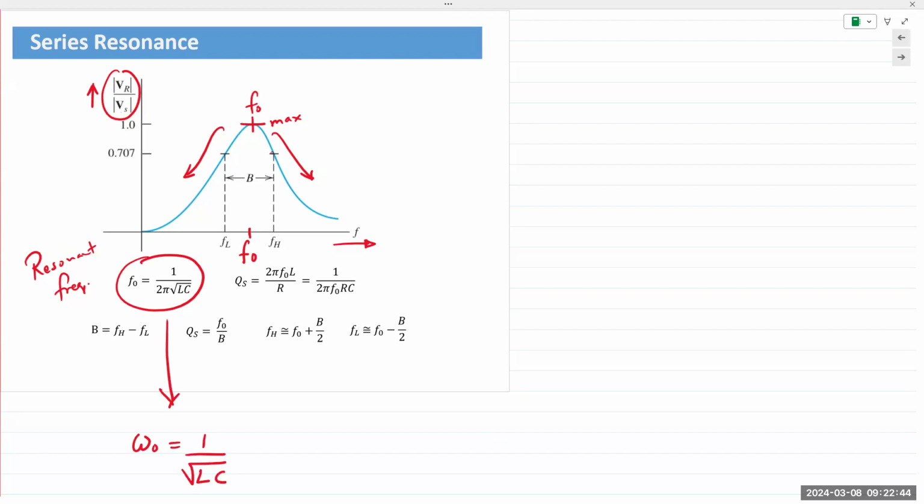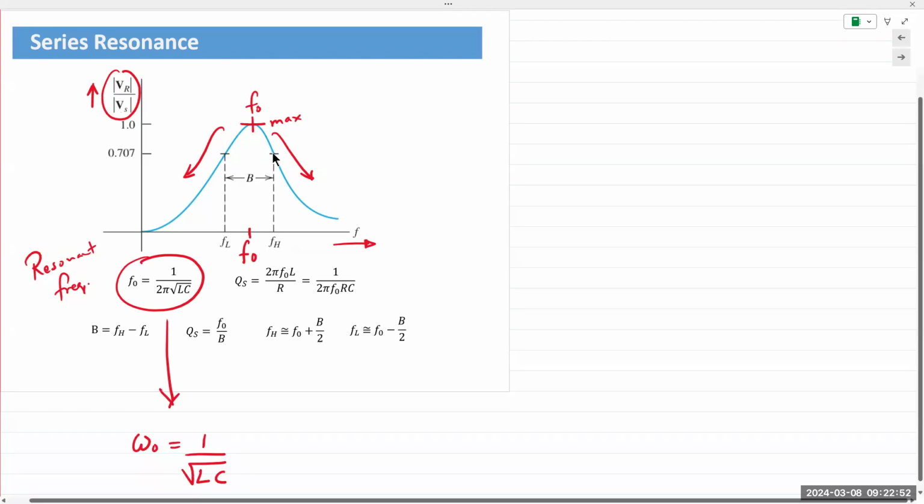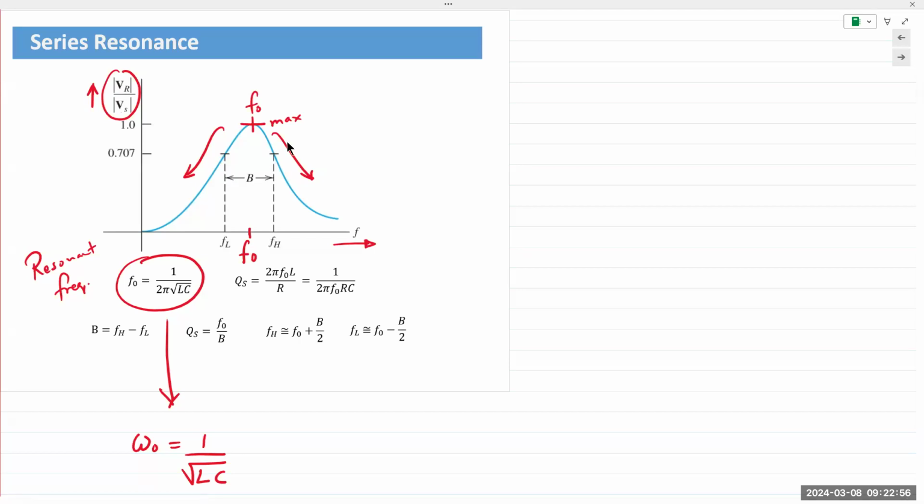Omega is 2πf, so if you take 2π to the other side, you get 2πf0, so it's 1 over root of LC. Always keep that in mind, especially if you're going to work with other engineers, they could be using omega 0. So I'll point that out every time. Any questions?